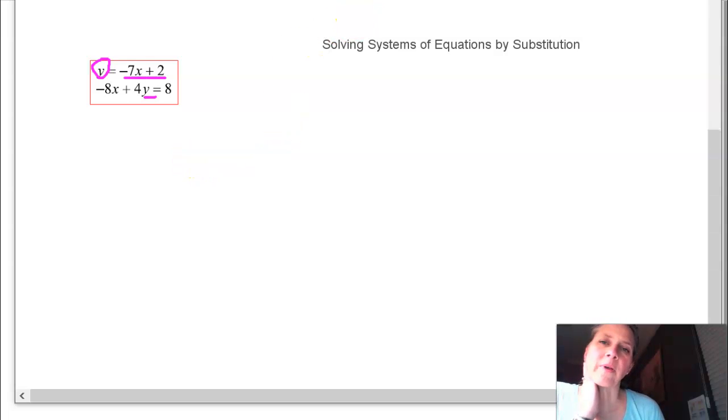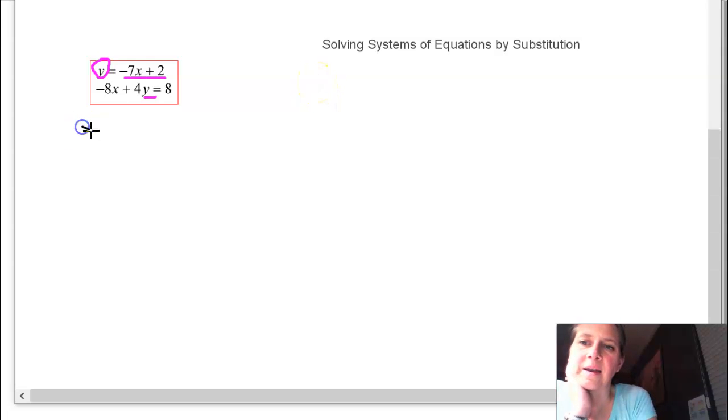For example, I'm going to take this bottom equation and write that down, and then instead of writing y right here, I'm going to plug in this information from y equals negative 7x plus 2. Because that's what it equals, that's what I'm going to plug in for y. So watch how this works.